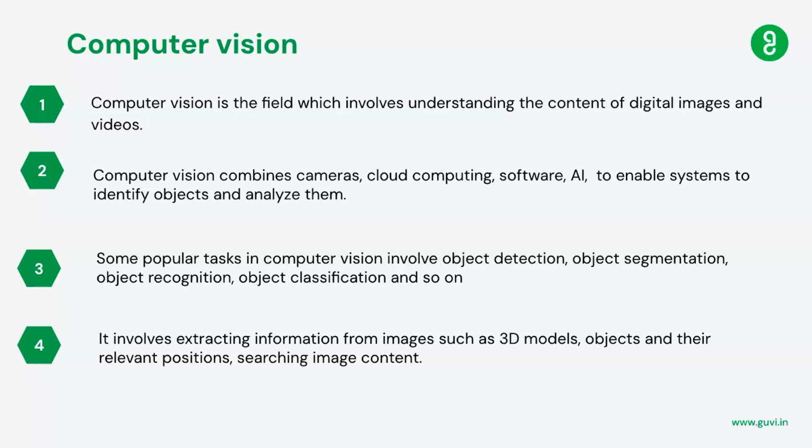Object detection would also look at the localizing factor, and it will give you the boundary boxes, which will tell you where a particular object is present in a particular image or video.